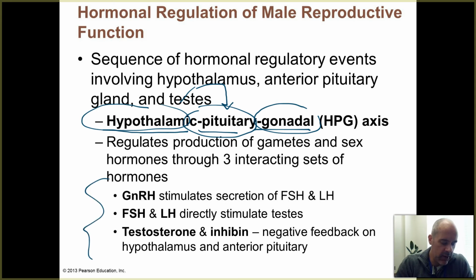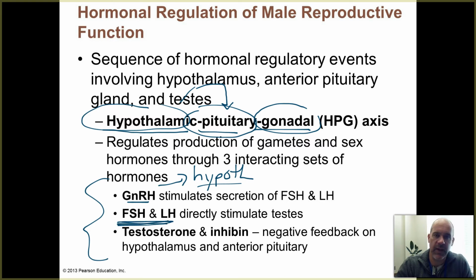And in the male, here are the hormones that are going to be involved. So GnRH is gonadotropin releasing hormone, which we heard about way back at the beginning of the semester. That's secreted by the hypothalamus. That's one of those releasing hormones. And then it travels to the anterior pituitary.